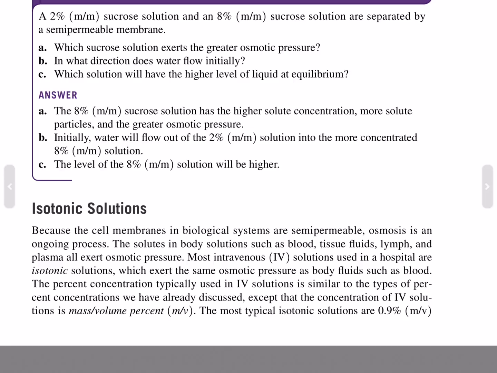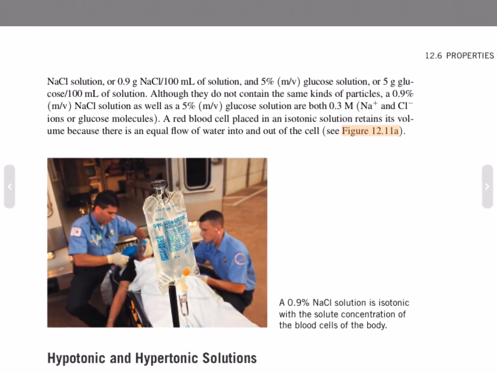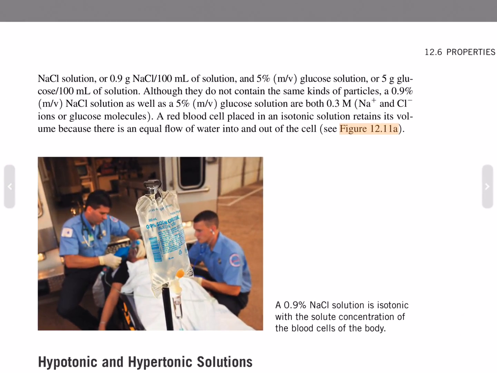The most typical isotonic solution is 0.9% mass to volume sodium chloride, or 0.9 grams of sodium chloride per 100 mL of solution, and 5% glucose solution, or 5 grams per 100 mL of solution. Although they do not contain the same kinds of particles, the sodium chloride and glucose solutions are both 0.3 molar in sodium and chloride or glucose molecules.